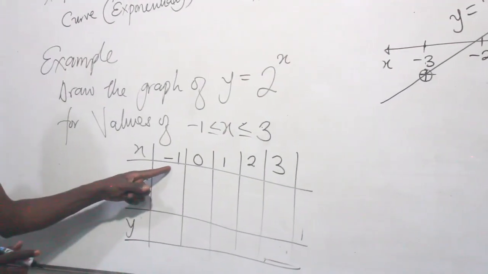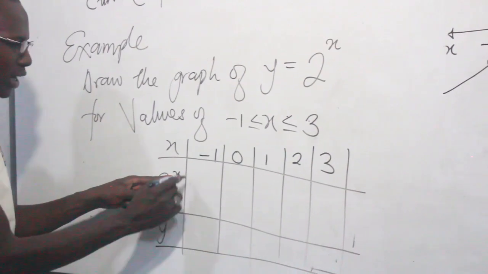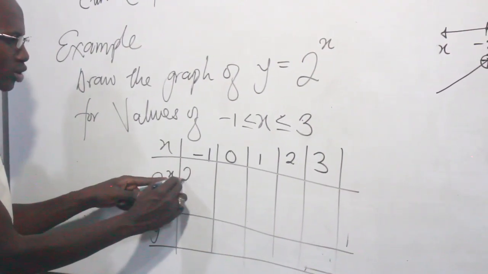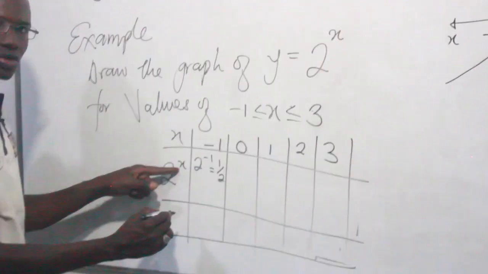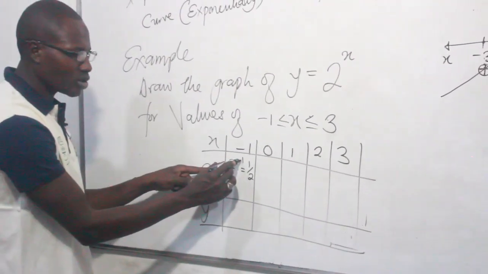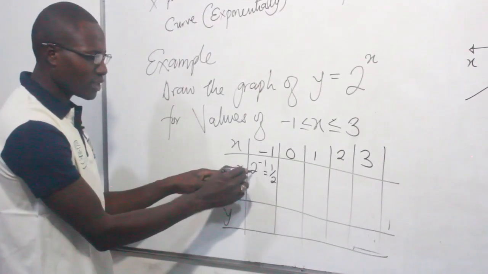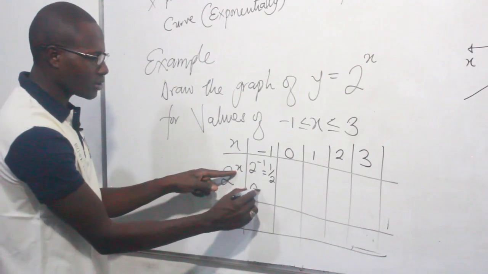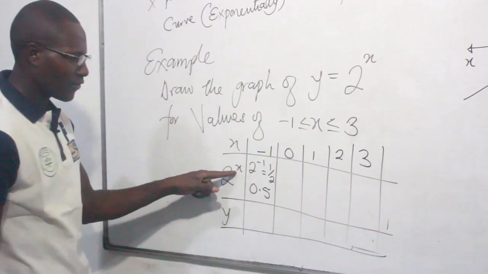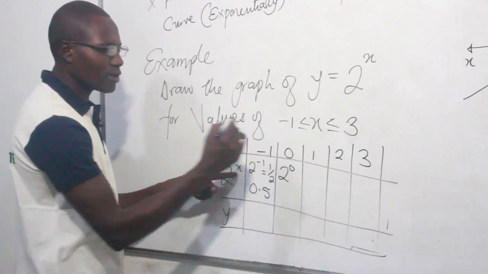Now, if x is -1, we have 2 to the power of -1, which is the same thing as 1 over 2, which is 0.5. When x is 0, here we have 2 to the power of 0.